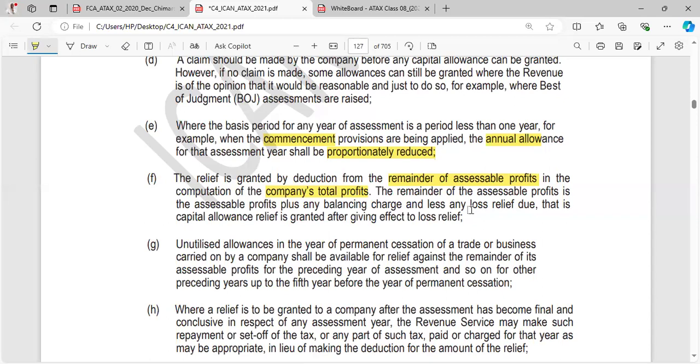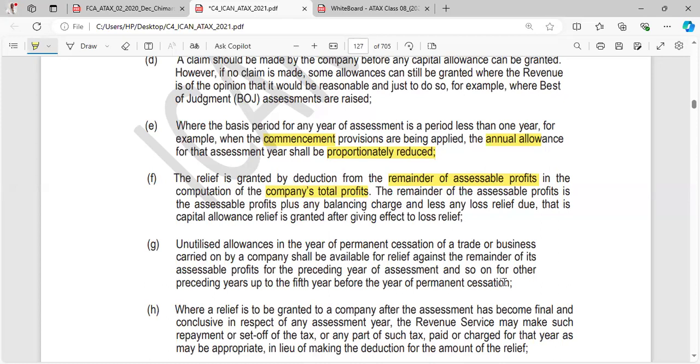So you have two things that will change your adjusted profit. One of them could be balancing charge, which is an additional charge from an asset, and loss. When a loss is made and you are carrying the loss from a previous year, that loss and balancing charge will give you a second assessable profit. Now, that second assessable profit is what they call the remainder of the assessable profit.